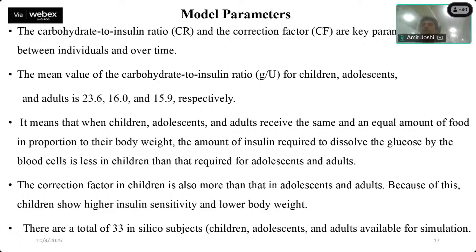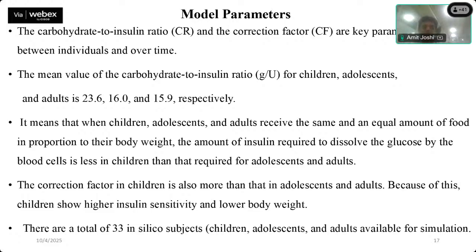For children, definitely the insulin requirement or insulin generation of the body is lesser, so that is why the carbohydrate to insulin ratio is slightly higher. Adolescents are basically the age group of 11 to 20. For them it is slightly lower, and for the adults you can consider it the lowest, it is 15.9. This is the value observed in the literature, and it is considered most of the time in the literature.